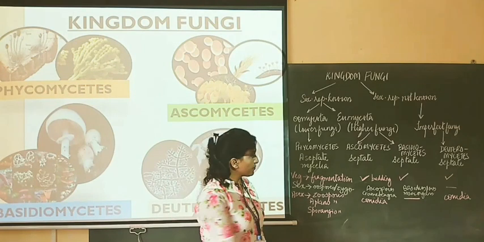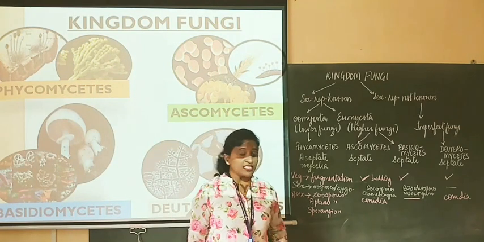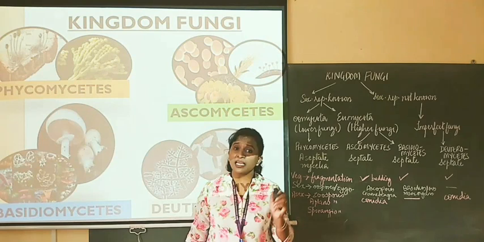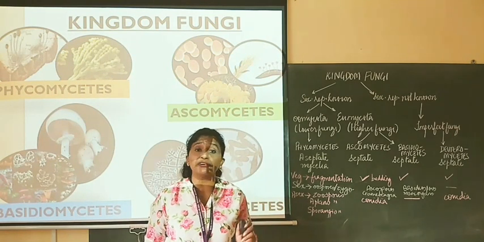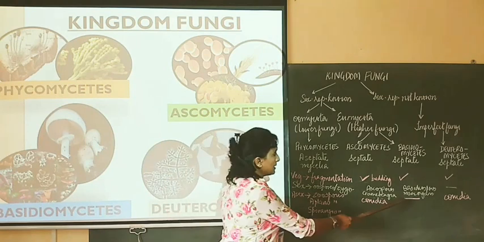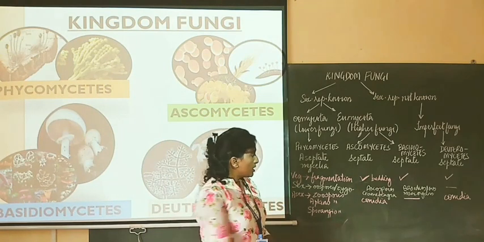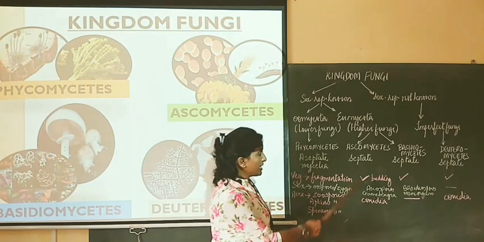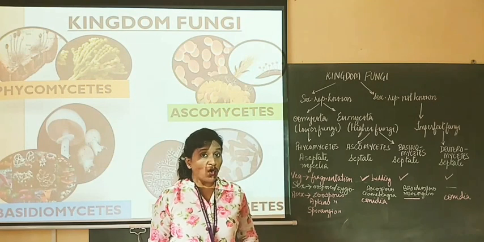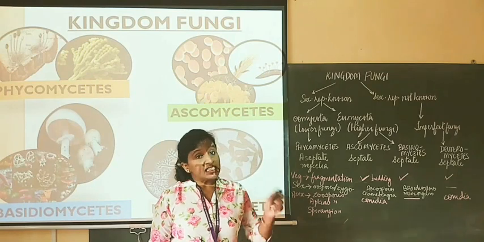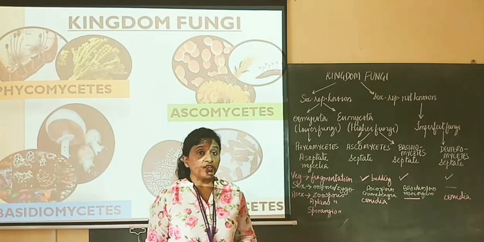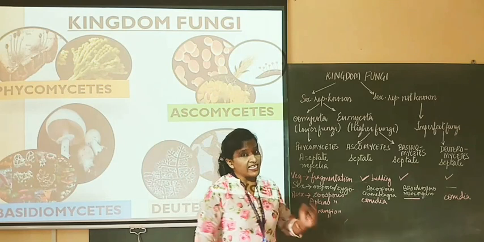Whereas in Ascomycetes gametangia are found, so gametangial contact is present but there is no fusion as such. The spores formed in Ascomycetes are ascospores, formed in asci inside the structural body, and the fruiting body is called the ascocarp.